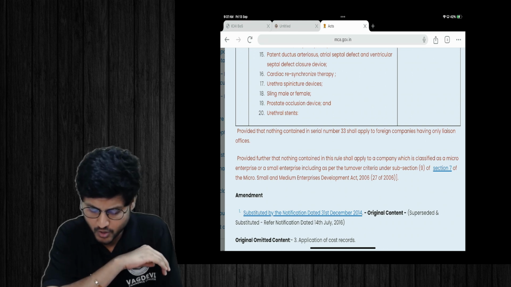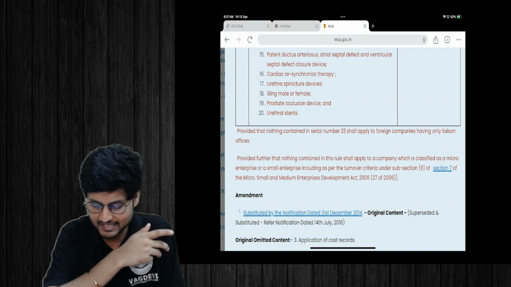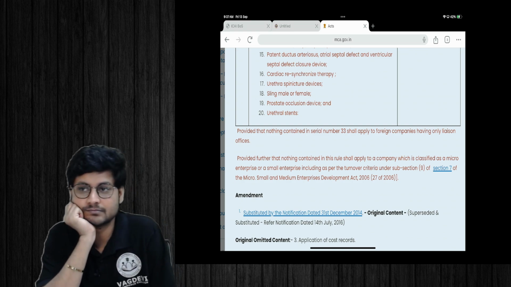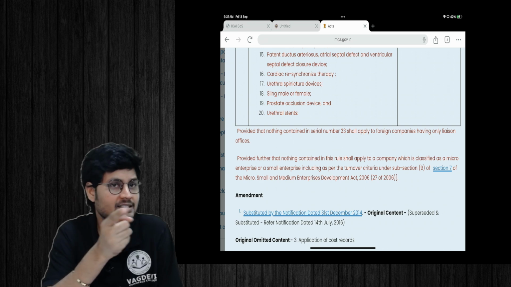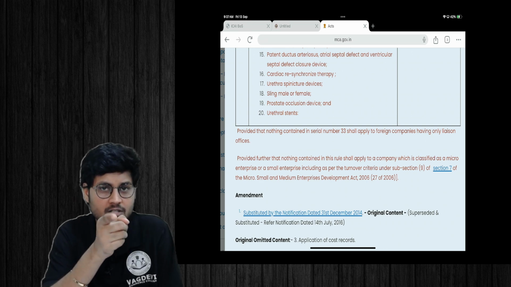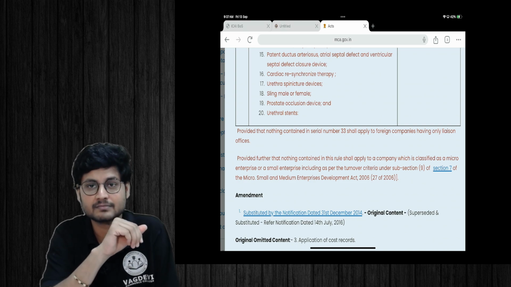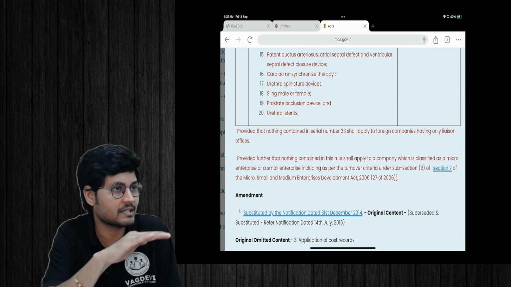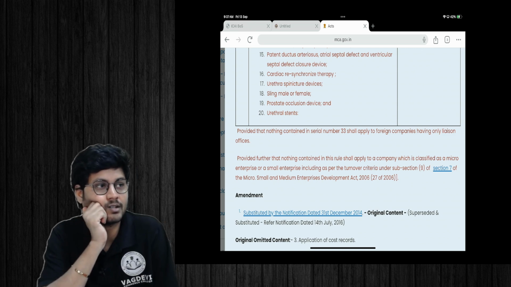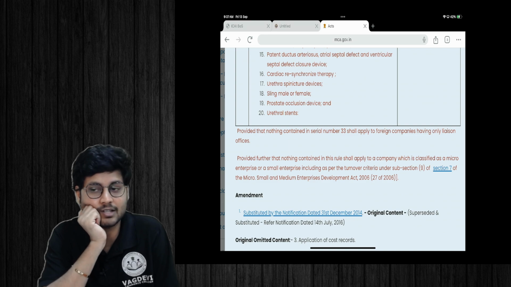Micro, Small and Medium Enterprise Development Act 2006. So if a company is registered as a micro enterprise or small enterprise under MSMED 2006, then rule number 3 is completely not applicable.